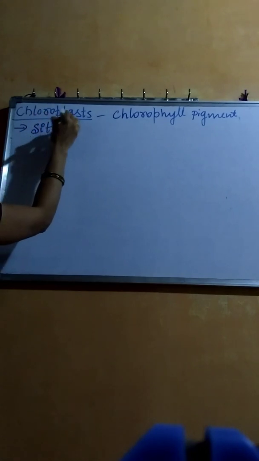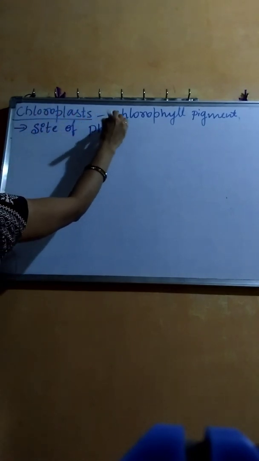The main function of chloroplast is trapping the solar energy, which is used for the manufacturing of food. Hence, the chloroplasts are commonly called the sites of photosynthesis.